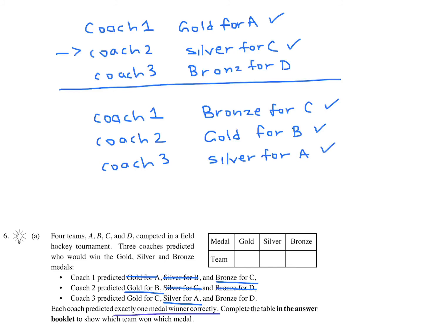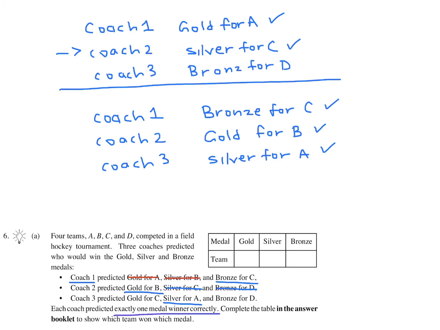Now let's see if there are any discrepancies here. If bronze is for C, Coach 1 is wrong about the other 2. Okay? And is he wrong about the other 2 in the way that we chose? Silver went for B. Yes, he's wrong about that. Gold went for A. Yes, he's wrong about that.